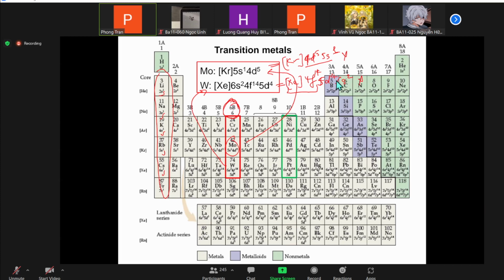However, if you take a look at the column 6B, you see that molybdenum and tungsten are in the same column. So you expect that the two atoms have the same electron configuration. However, when you look at how they write the electron configuration, you see that they are different. Molybdenum is expressed by s1d5, and tungsten by s2d4.